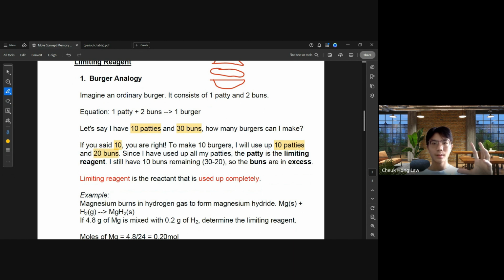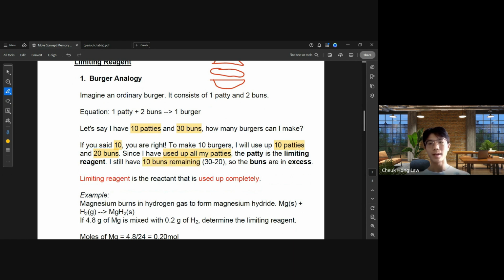So I have actually used up all my patties, because I'm given 10 patties and 30 buns, and I use up 10 patties and 20 buns. Since all my patties are used up, the patty is the limiting reagent. The reactant that is completely used up will be the limiting reagent. And looking at the buns, I'm given 30 but I only use 20, so I still have 10 buns remaining.